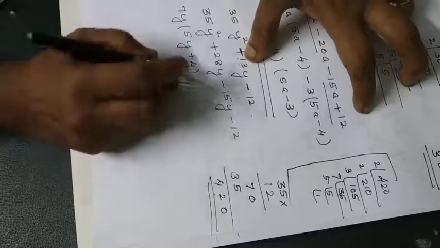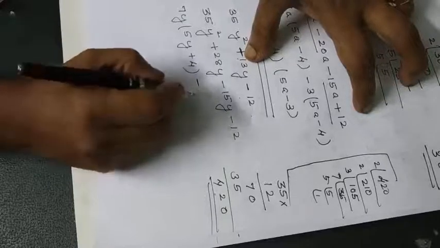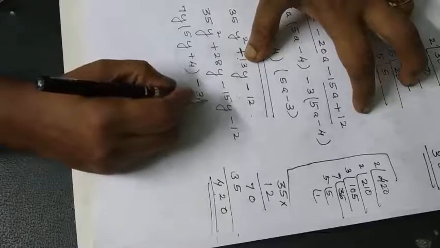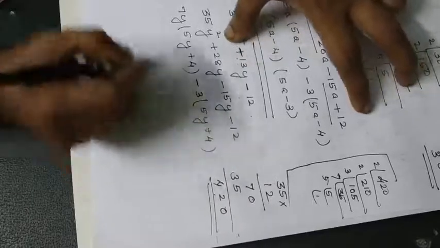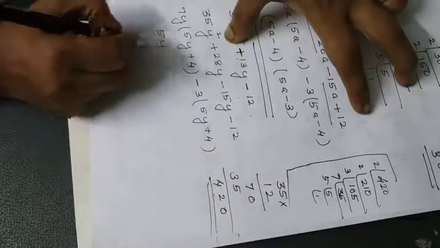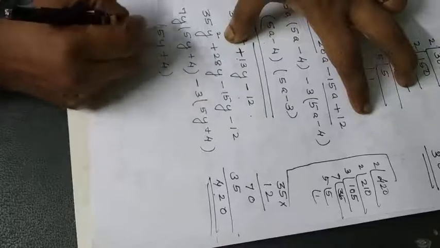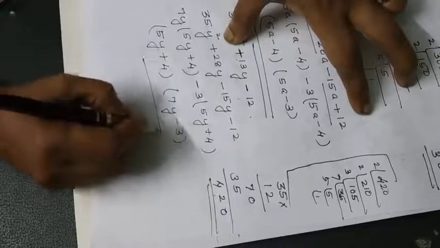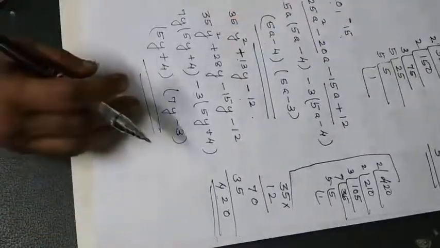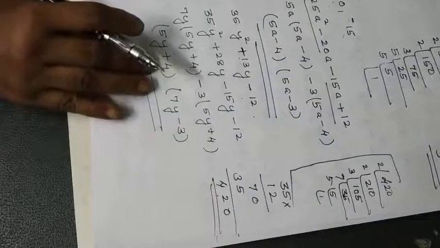Now negative 3 is common, so 5y plus 4. Now 5y plus 4 is common, 7y minus 3. Now one of them you can take as length and the other as breadth.